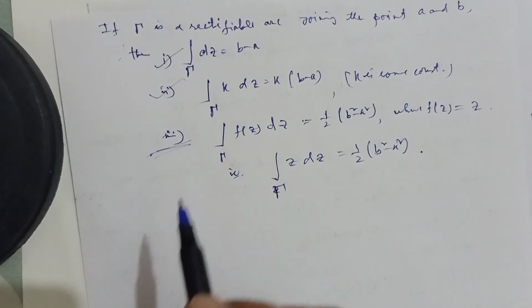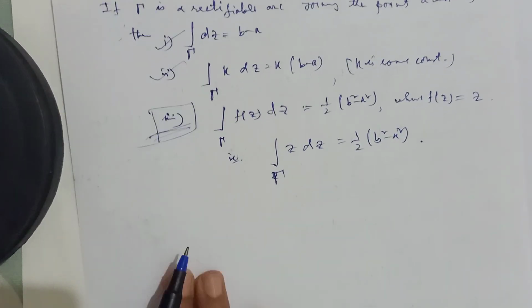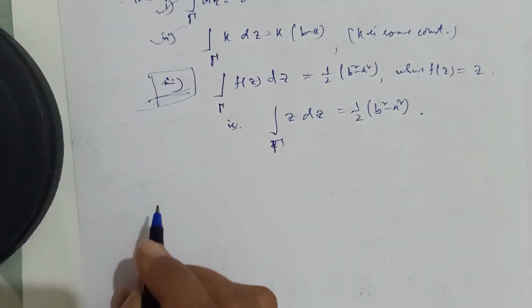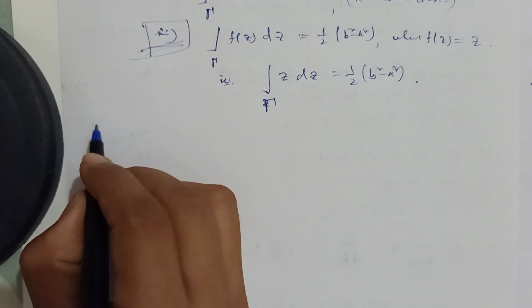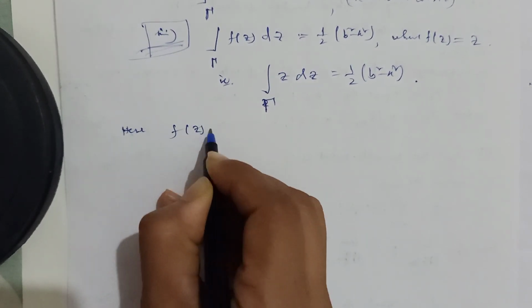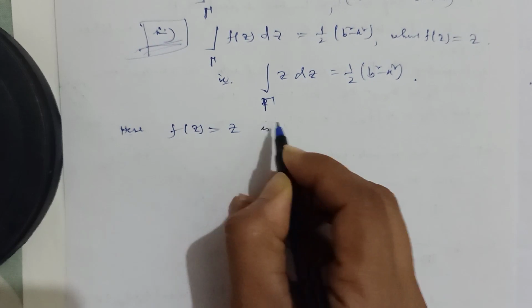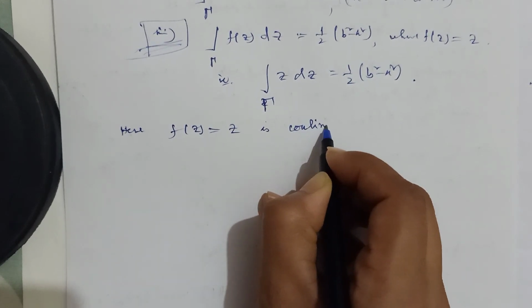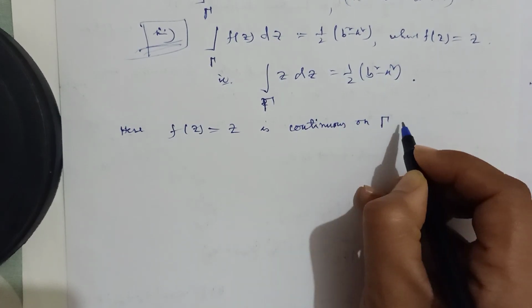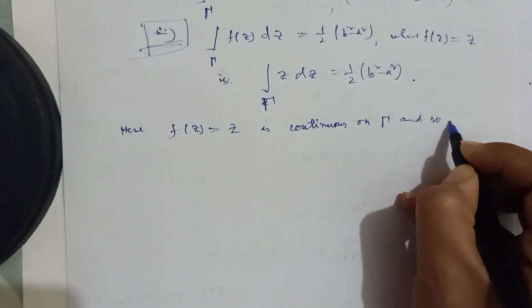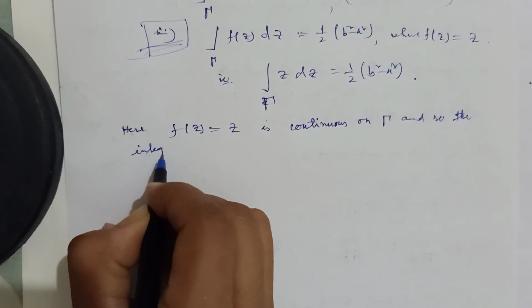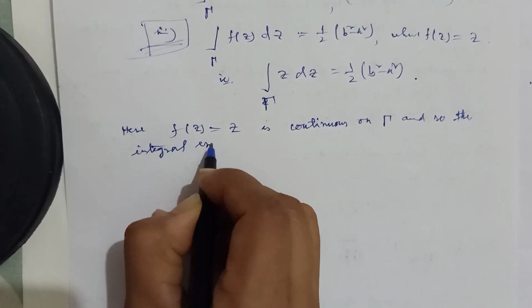Now here we have to prove this third one. Here f z equals to z, which is continuous on gamma, and so the integral exists.